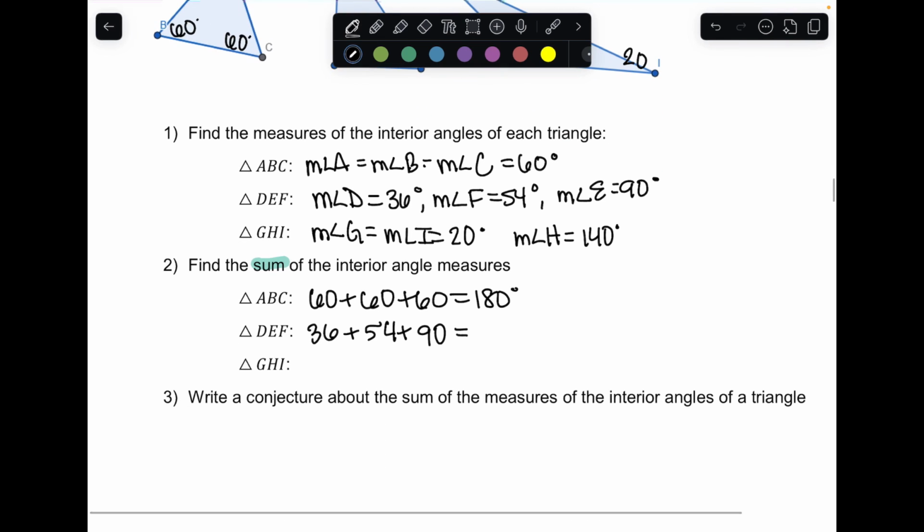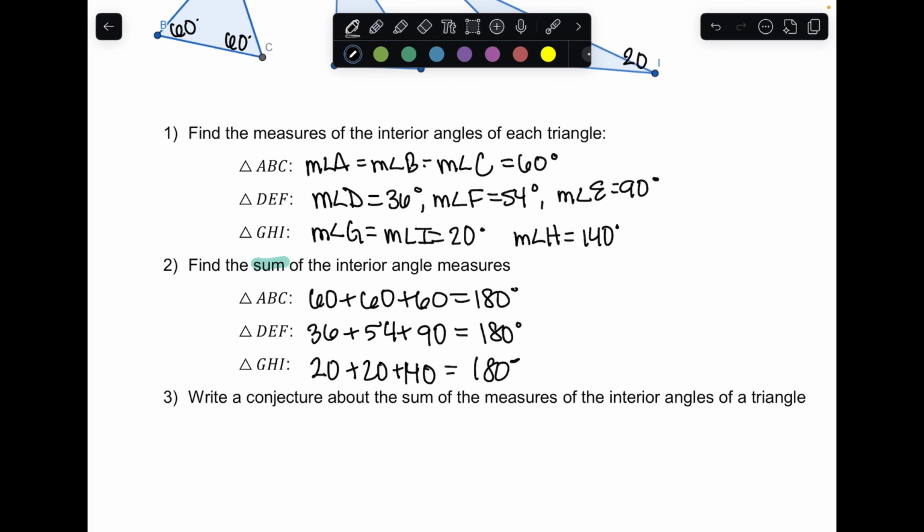Plug that into the calculator, you would get, again, 180. Do the next one, we have 20 plus 20 plus 140. And you would, again, get 180 degrees.